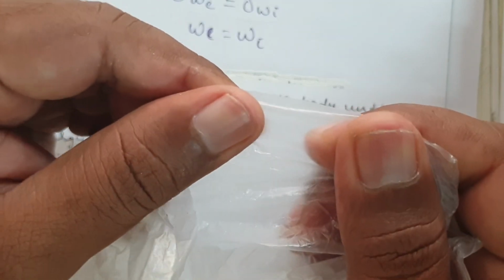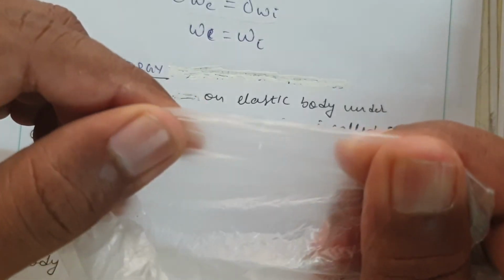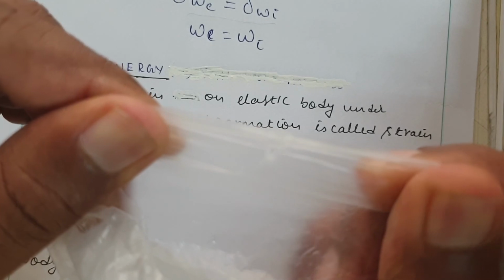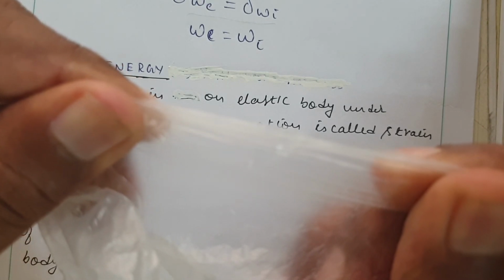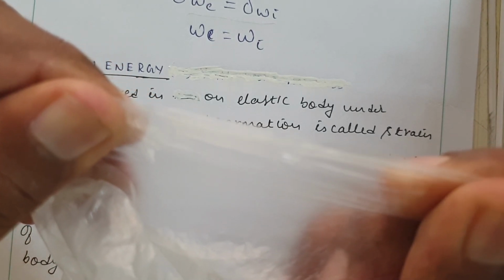You can see here, I am considering a plastic cover. I am applying a load, or a strain energy, so it will undergo deformation. You can see that. This deformation remains even after the release.